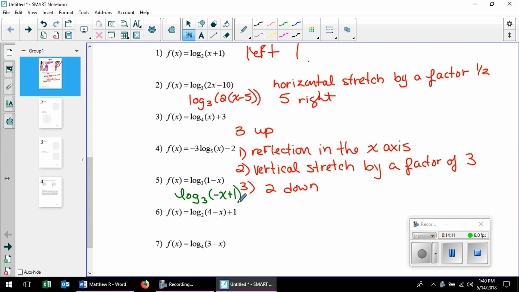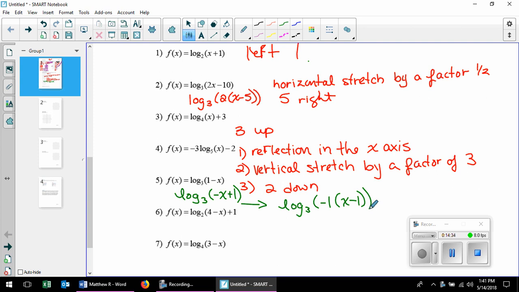Is there a bracket between the negative and the x? No, so you've got a common factor of negative 1. So this is going to be log base 3, negative 1, x minus 1. Because again, you would still get your reflection correctly here, but you would have got your shift incorrect.